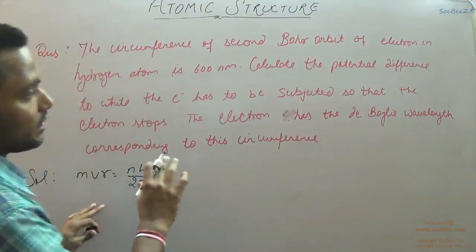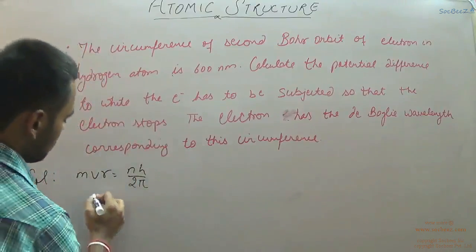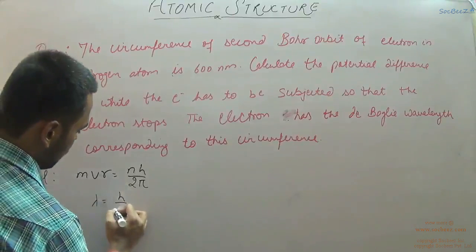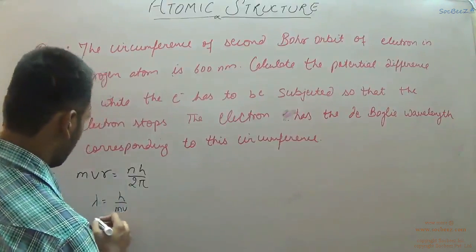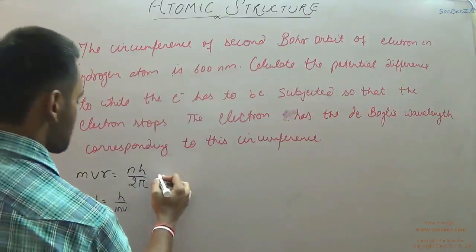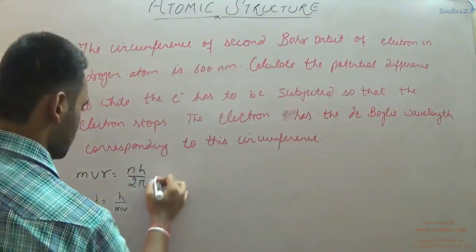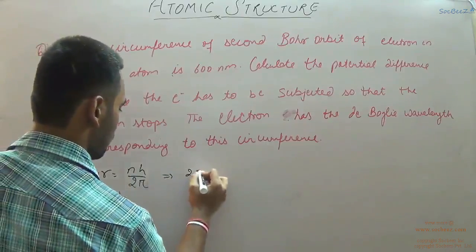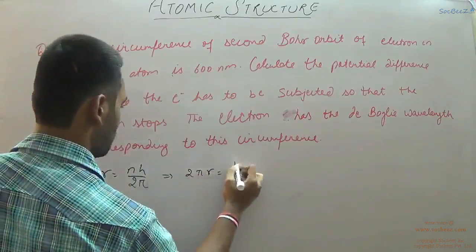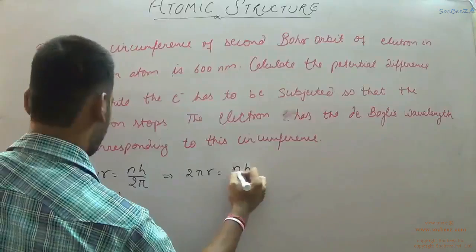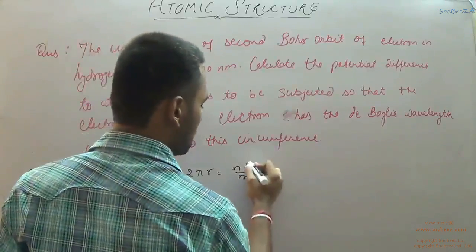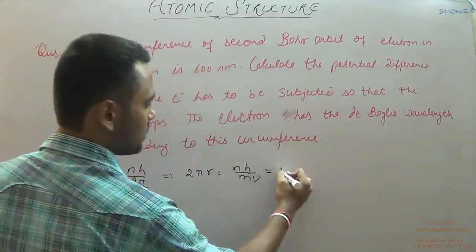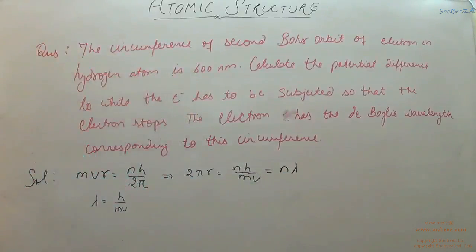Now since it has the de Broglie wavelength, we know that lambda equals h upon mv. So now we can write it as 2 pi r equals nh upon mv. Since h upon mv is lambda, this becomes n lambda.